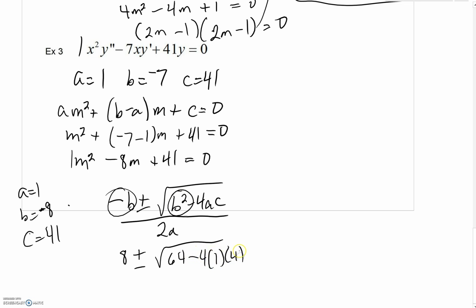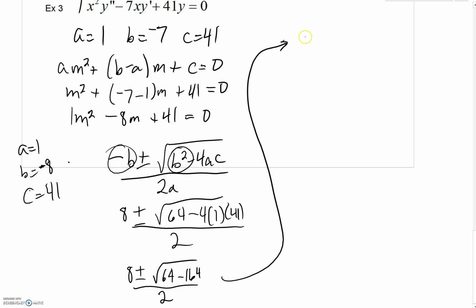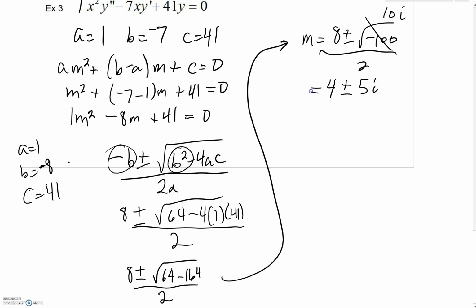And 4 times 41 is going to be 164. So this is 8 plus or minus the square root of 64 minus 164. Our m would be 8 plus or minus the square root of -100 all over 2, which is really 10i. Divide everything by 2, and we'd get 4 plus or minus 5i.